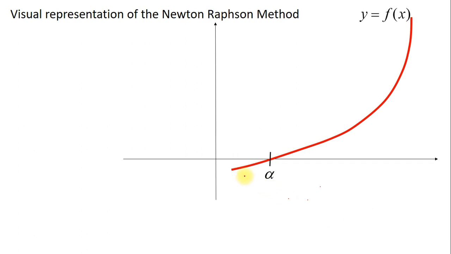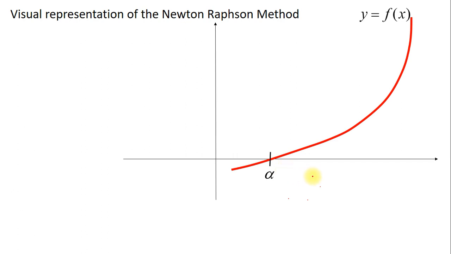Alright, let's say you are given a function as shown in this graph, and you can see that there's a root here. Now let's say the root is alpha over here, right? So we will give the initial approximation.